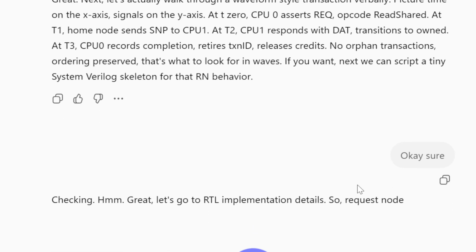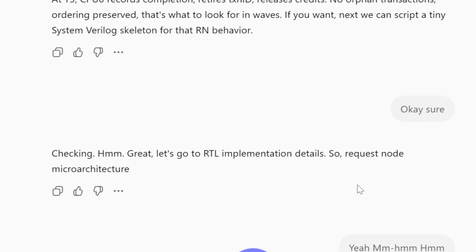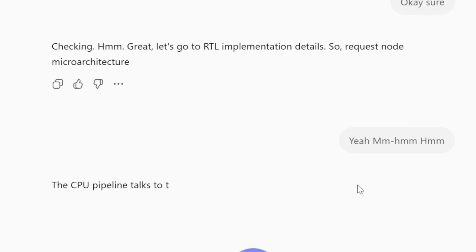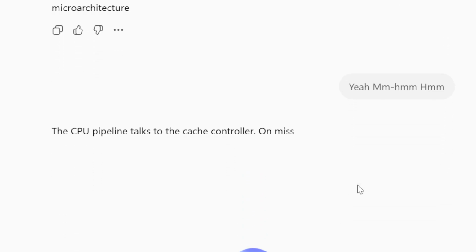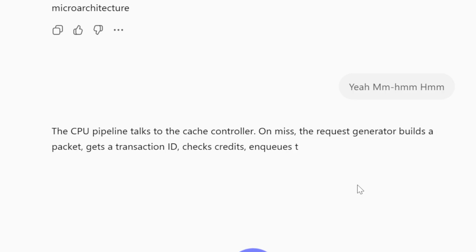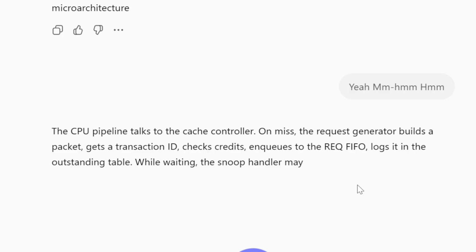So request node microarchitecture. The CPU pipeline talks to the cache controller. On a miss, the request generator builds a packet, gets a transaction ID, checks credits, enqueues to the REQ FIFO, logs it in the outstanding table. While waiting, the snoop handler may need to supply data or invalidate a line.